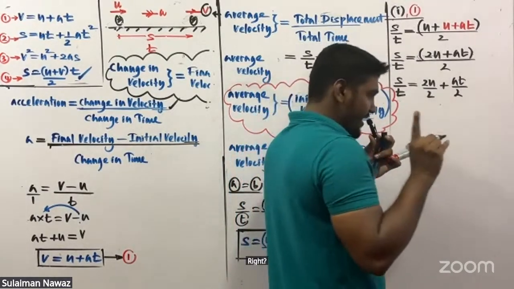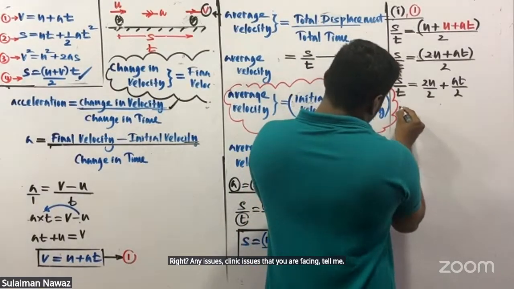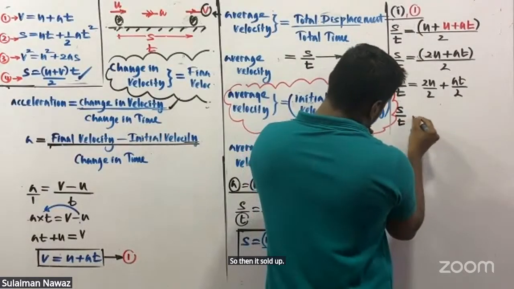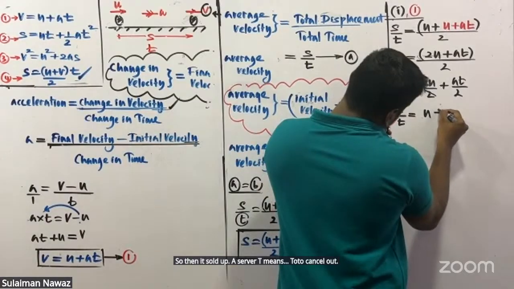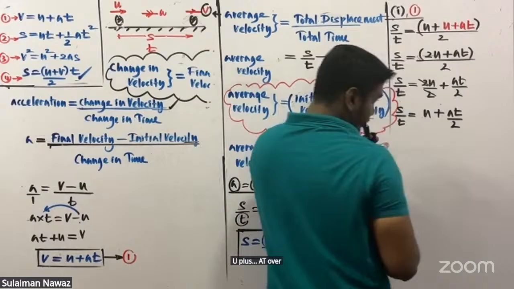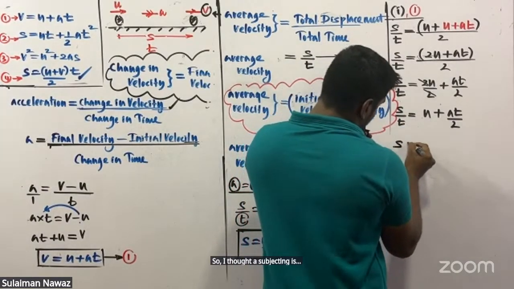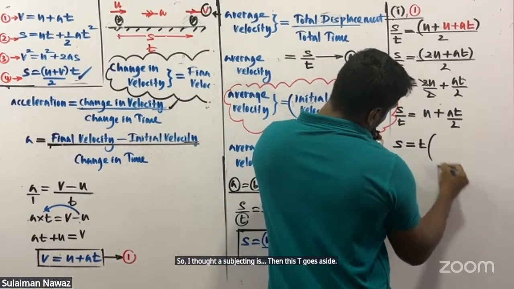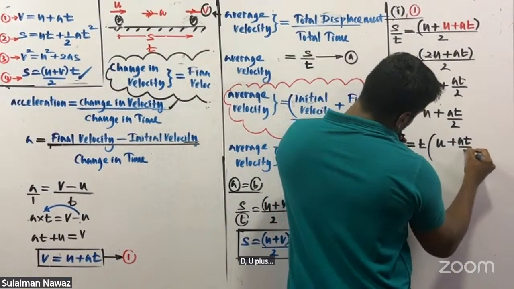Any issues, tell me if you are facing any. So then S over T means the 2 cancels out: U plus AT over 2. I thought of making S the subject, so this T goes to this side: T times U plus AT over 2.